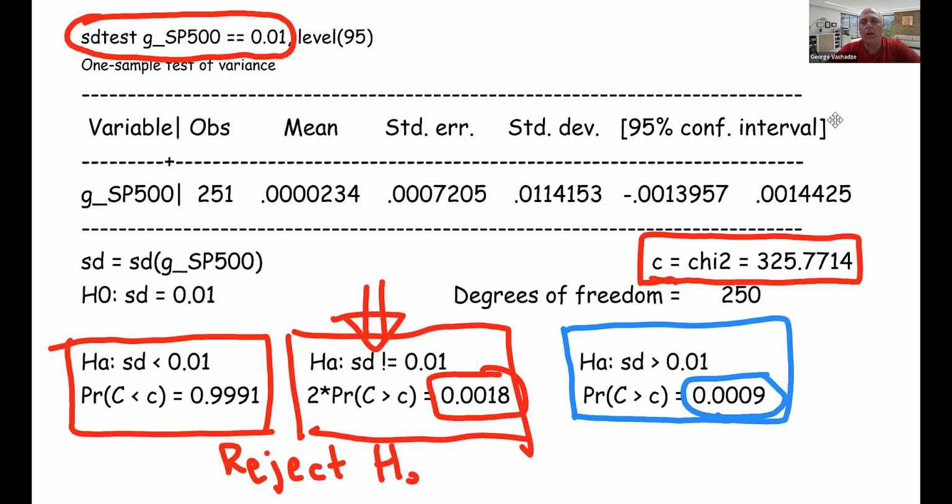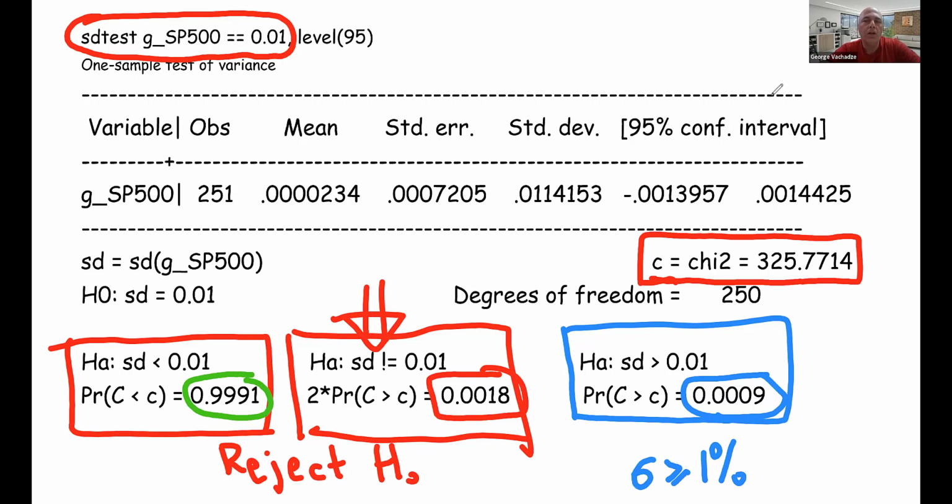So we can make a decision to reject H0. The data provides evidence that the standard deviation of daily returns exceeds 1%. However, there is no support for the hypothesis that the daily standard deviation is less than 1%, because the p-value is extremely high, it's 99%.